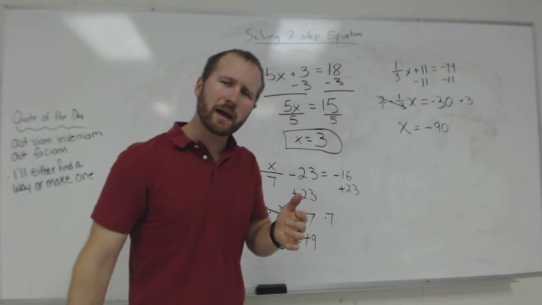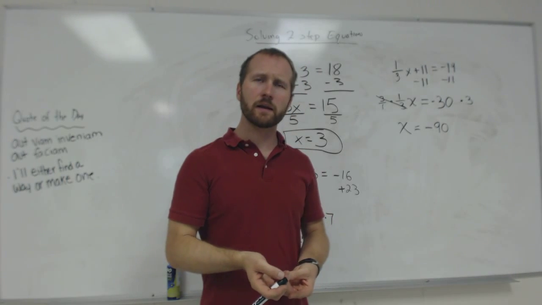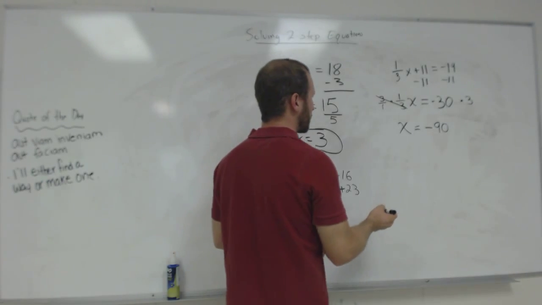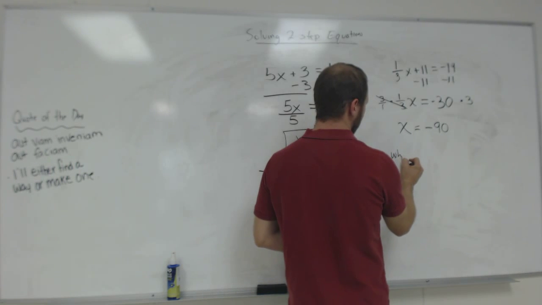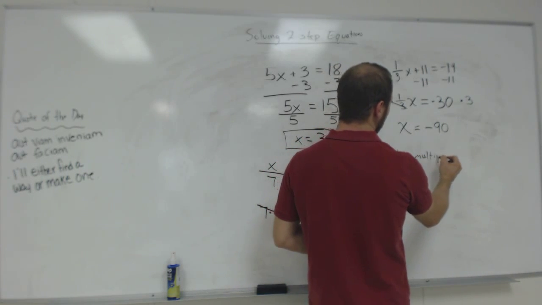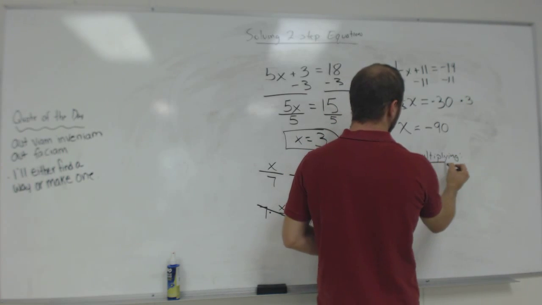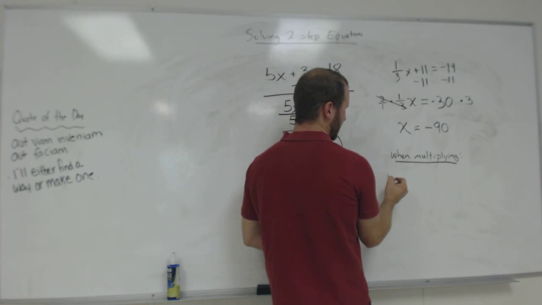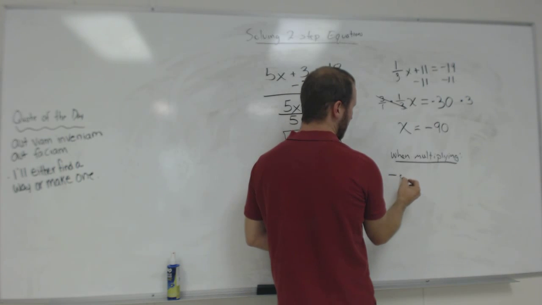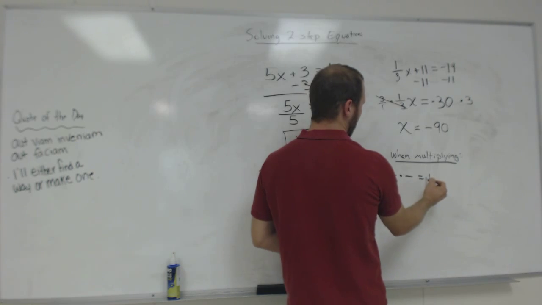When we're multiplying, a negative times a negative is a... Right. So when multiplying, I'm going to write this out in shorthand. You can choose to write it in shorthand, or you can write it out a little longer. A negative times a negative equals a positive.